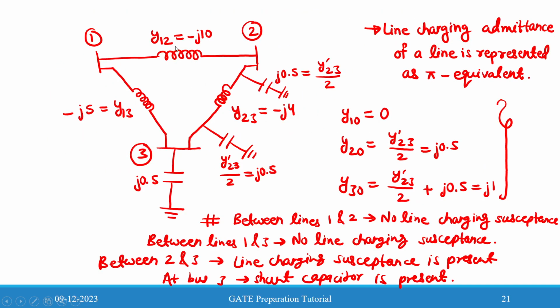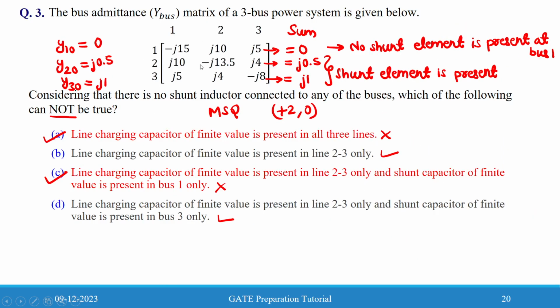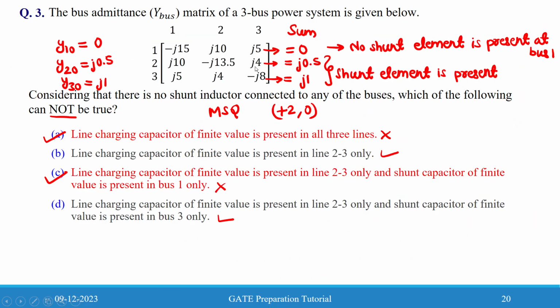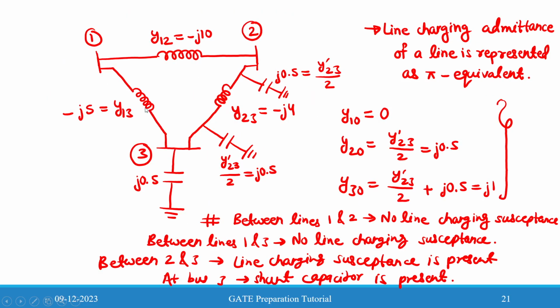So we can write down y12 as minus j10 first, because this j10 is given, and for y23 we can also write minus j4, and for y13 we can write minus j5. Now we have to find the shunt admittance. So the line charging admittance of a line is represented as a pi equivalent.